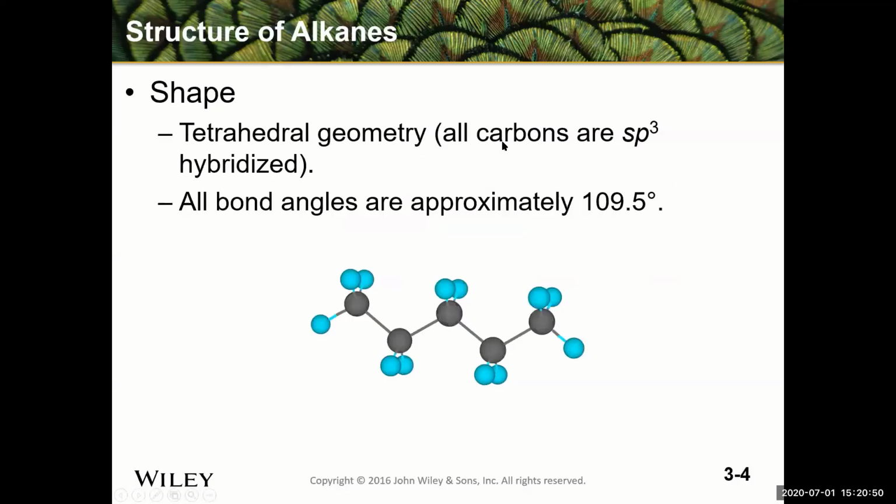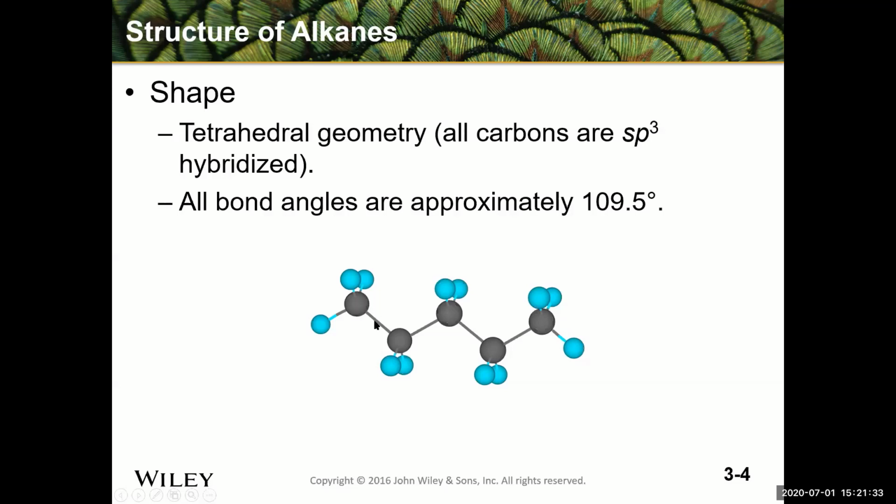Okay, so we said that alkanes only contain carbon-carbon single bonds, and each carbon is sp3 hybridized in a tetrahedral arrangement. That means the bond angles in an alkane, the carbon-carbon bond angles, the carbon-hydrogen bond angles, and the hydrogen-carbon-hydrogen bond angles, are all approximately 109.5 degrees, the geometry of a tetrahedron.